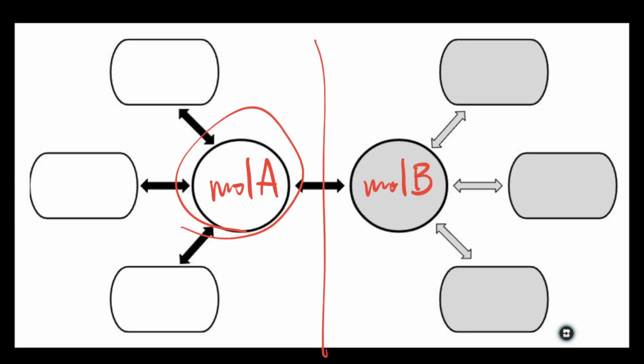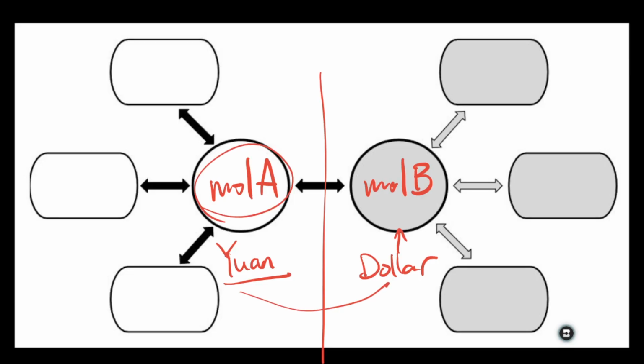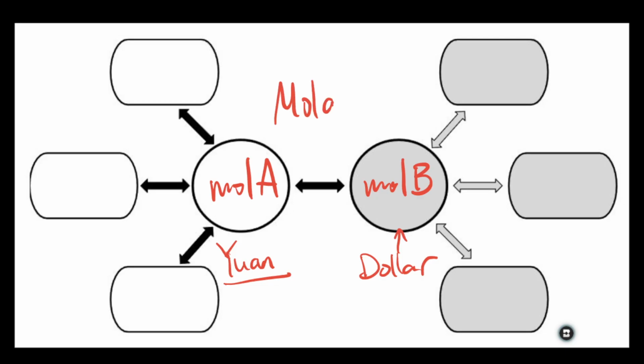They're 2 different things, okay? It's kind of like different currencies. If you're using pesos or Chinese yuan with US dollars. We got 2 different countries, two different currencies. That's mole A and mole B. They do not equal each other. There is an exchange rate, and that rate is what we call molar ratio.